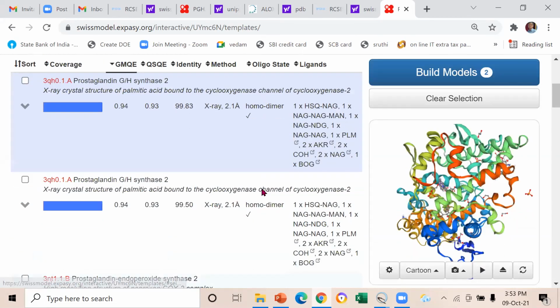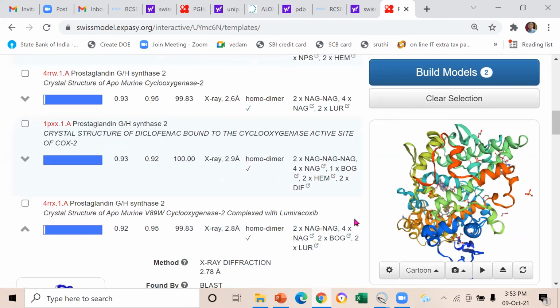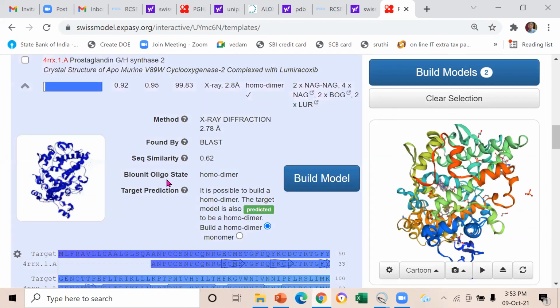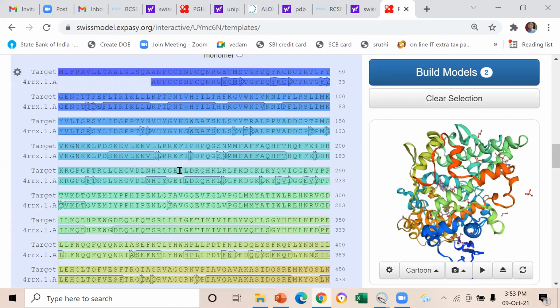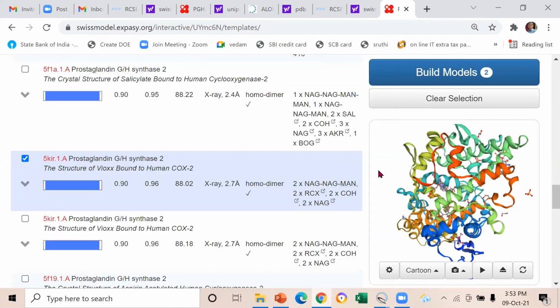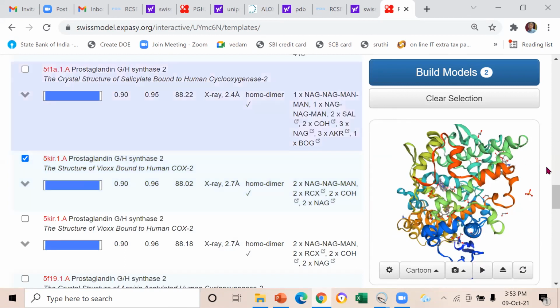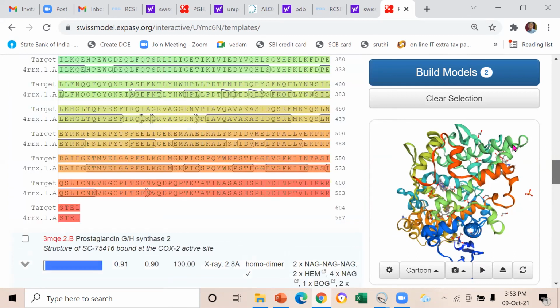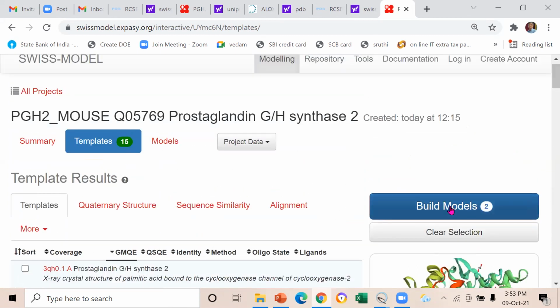So it will take this 3D structure of the protein. This will be called a template, and then it will build my protein sequence, that will be the modeled protein. Okay, this will be the template, and when I build my protein, that will become the modeled protein. It's not a real protein, right? A real protein is determined through X-ray or NMR or something, whereas you are modeling based on a template. So build model, I can click on this. It will build my protein based on my sequence, but using that template.